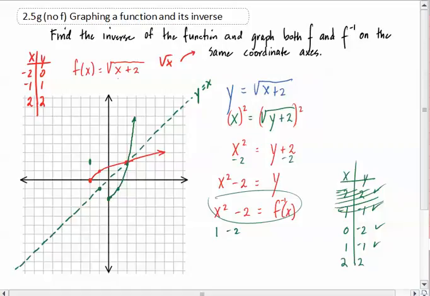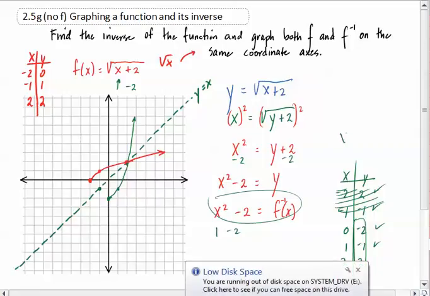Because this situation was limited to greater than negative 2 for my input, and so when I invert this, I can't have any values less than negative 2 on the y values. So I'm not able to have those other points part of my function. So again, this inverse is indeed a function, because we have to limit our values to be greater than or equal to negative 2.